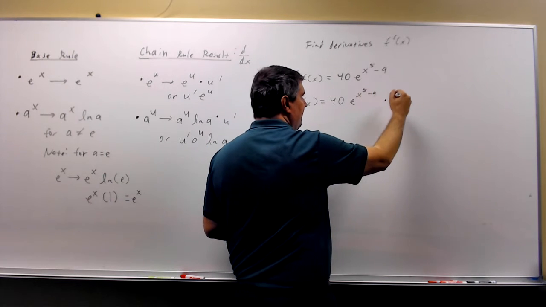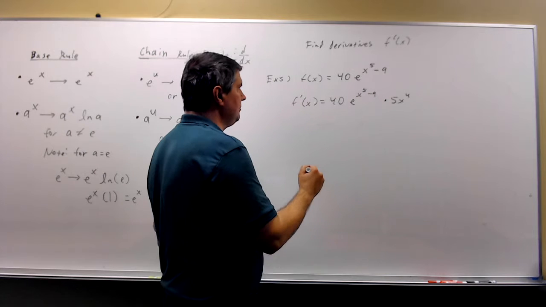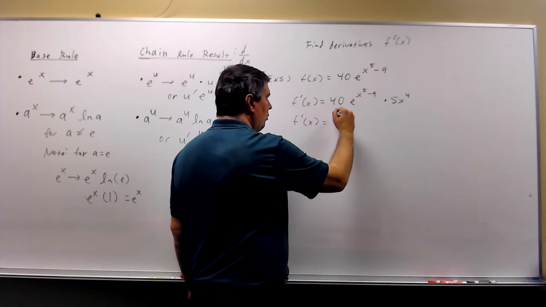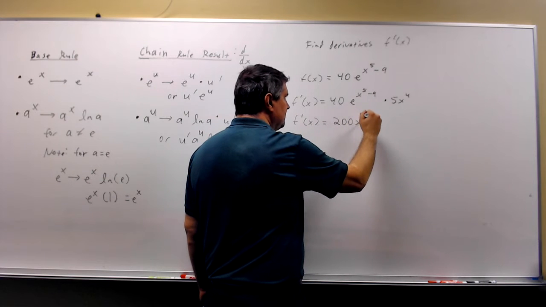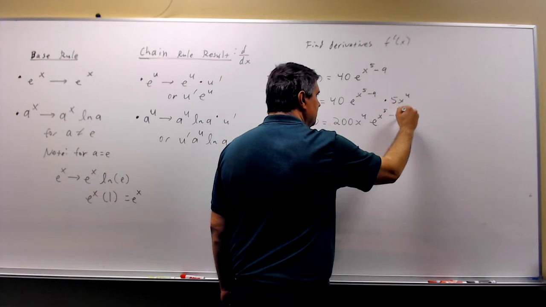So that would be 5x to the 4th. So f prime of x will equal 200 x to the 4th e to the x to the 5th minus 9.